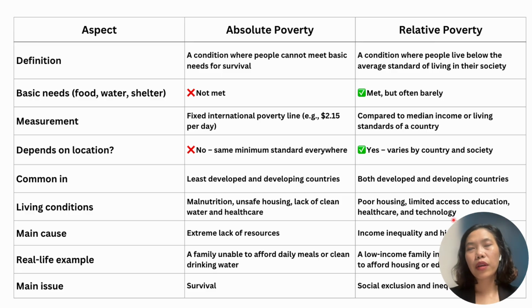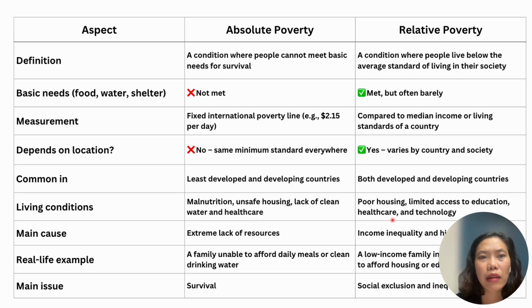Even within the Philippines, the standard of living in Mindanao is different from Luzon or Visayas. So what's the common ground? Absolute poverty is found in the least developed and developing countries, but relative poverty is found in both developed and developing countries. So what are the living conditions? In absolute poverty, there are malnutrition, unsafe housing, and lack of clean water and health care.